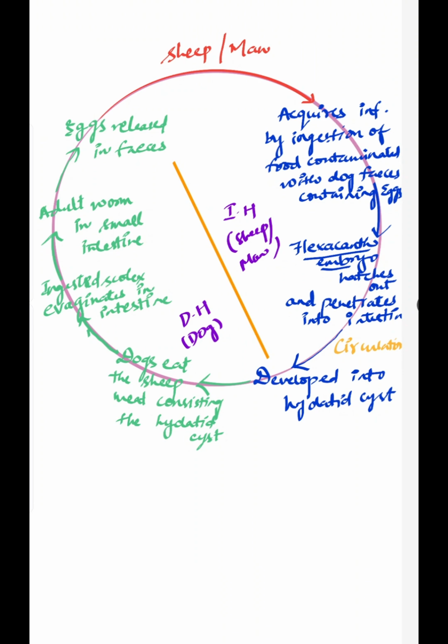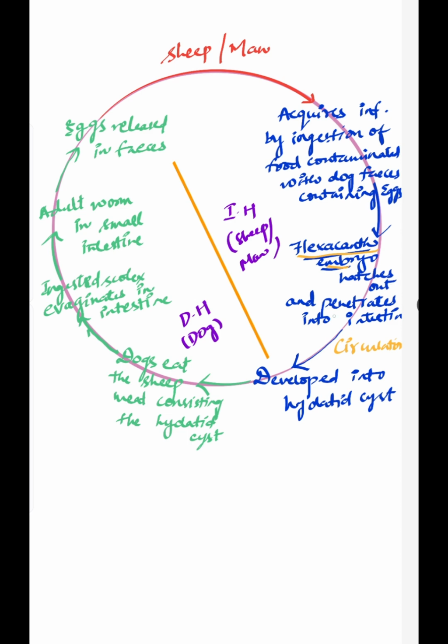When the intermediate host acquires infection by ingestion of food contaminated with dog feces containing eggs, it reaches the duodenum. I told you in the morphology that the eggs have the hexacanth embryo, that is, the 6 hooklets are present.